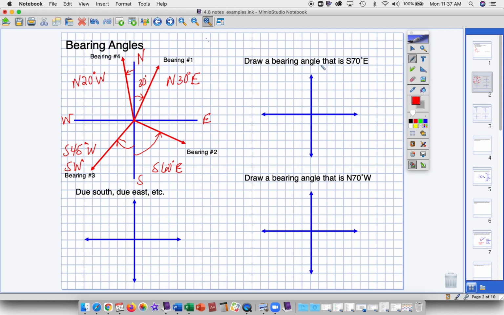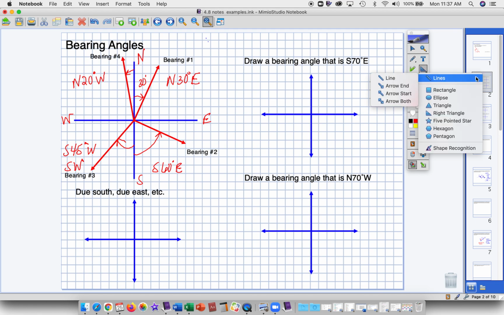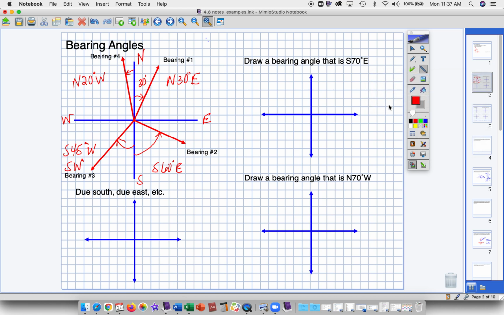So if I'm drawing a bearing angle that's south 70 degrees east, I'm starting south and rotating 70 degrees to the east. So this angle here is my 70-degree bearing angle.